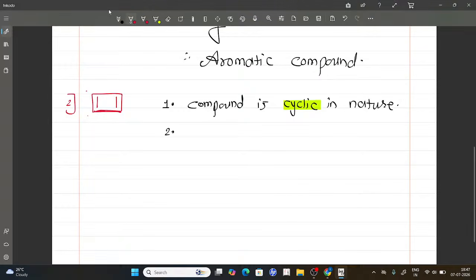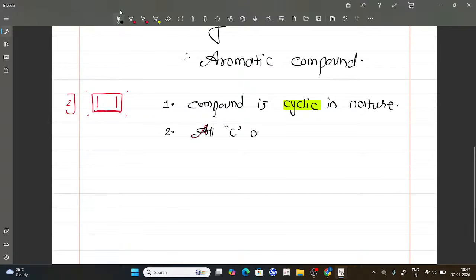If you look at this carbon atom, it is also double bonded, hence it is sp2 hybridized. This is sp2 hybridized. This is also sp2 hybridized. So all carbons are sp2 hybridized, hence the system is planar in nature.